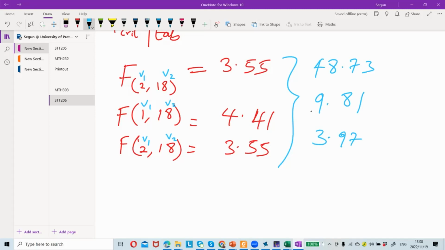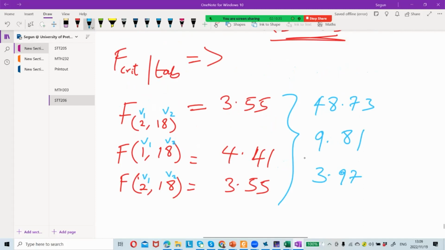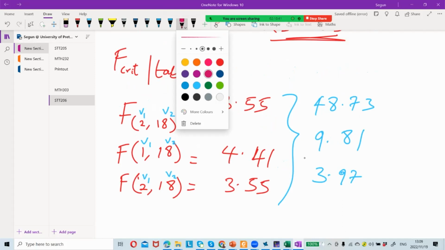Calculated is greater than tabulated. Let's check it one after the other. For the noise, calculated is greater than the tabulated. I will be writing it one by one. Number one is the noise.